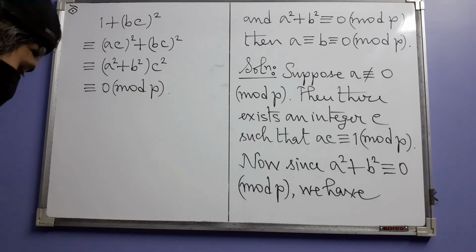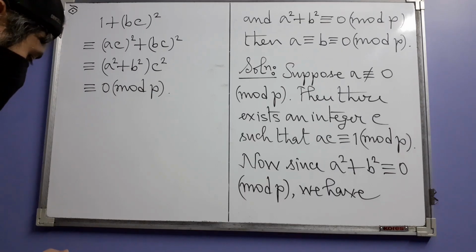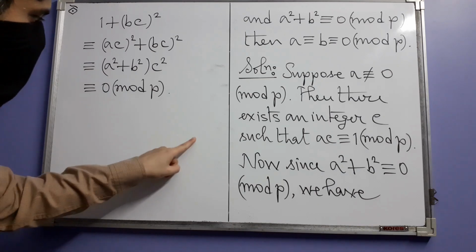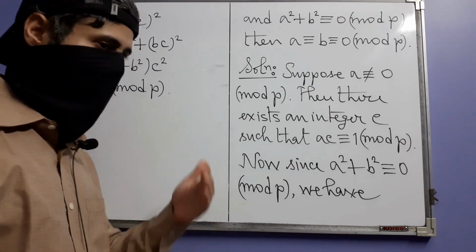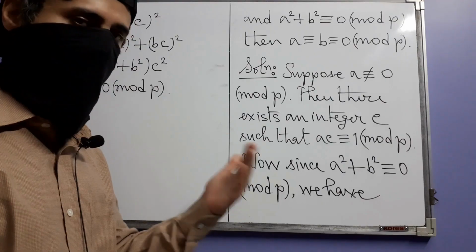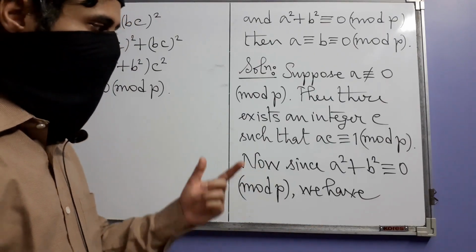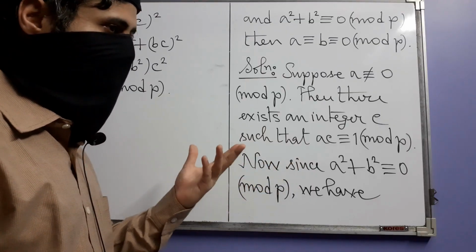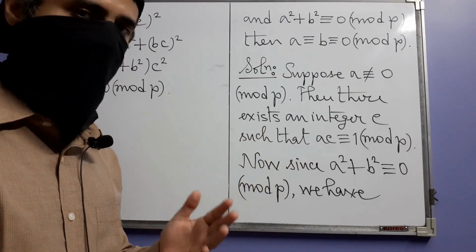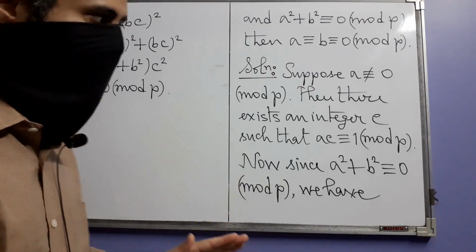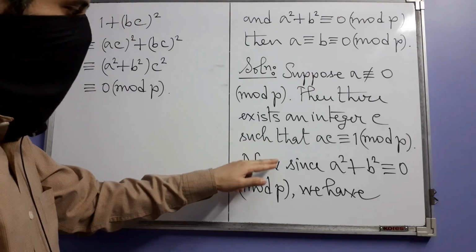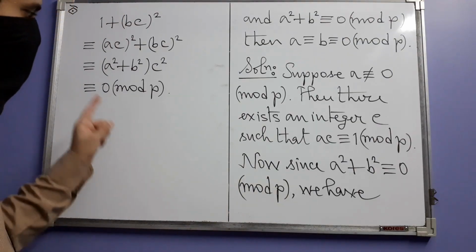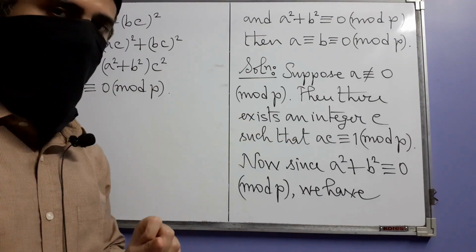Then this thing is contradicting theorem 5.5, that means that result, existence of solution to that congruence, x square congruent to -1 modulo p. You know from that result, theorem 5.5, that congruence has a solution if and only if p is of the form 4k plus 1, which means that for our prime p, which is of the form 4k plus 3, there should be no solution to x square congruent to -1 mod p.